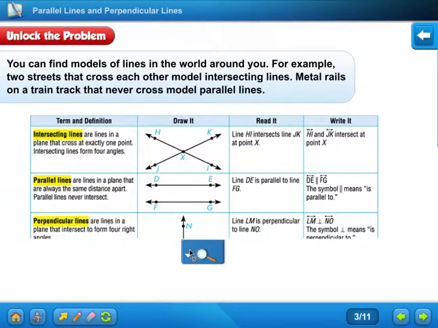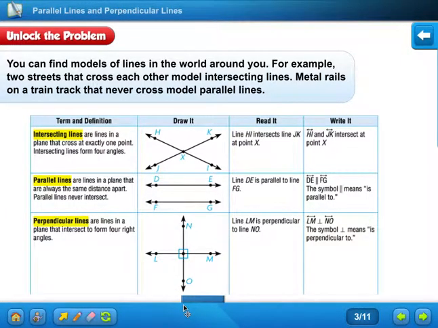We have one more to learn about. And this one's called perpendicular. I like to see it like that. Perpendicular lines. I think of perpendicular lines as lines in a plane that intersect to form four right angles.